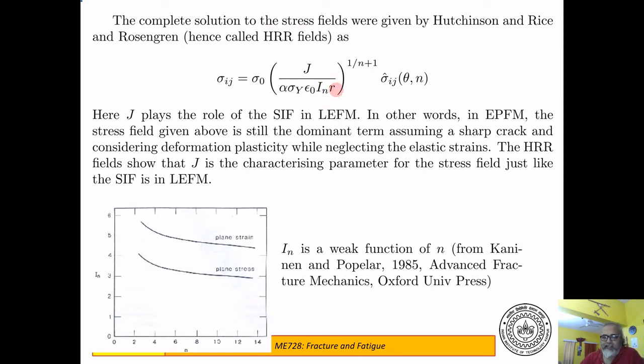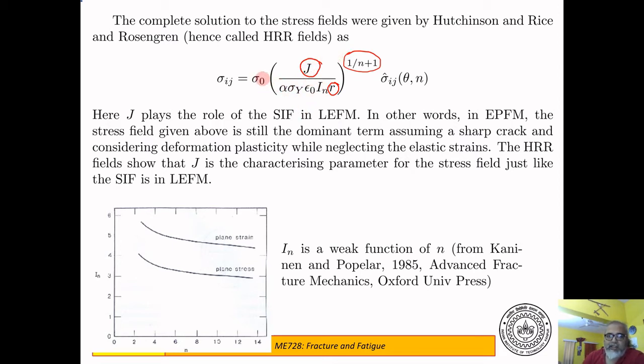So it says that yes, the r variation should go as 1 by n plus 1. And now, instead of K, the J integral takes the role of the amplitude of this singular stress function.